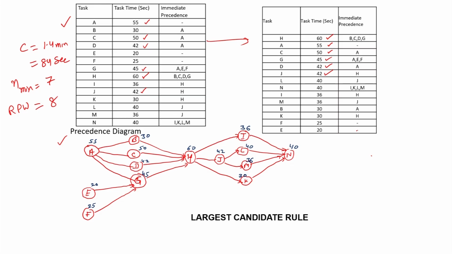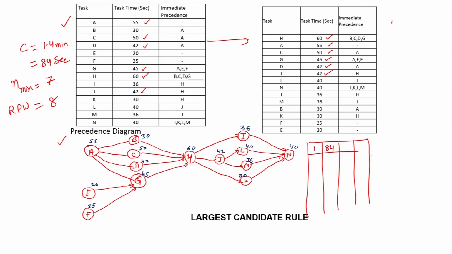Now we will again do the same kind of exercise. We will open workstation number 1 and see how much time is available. Workstation number 1 has 84 seconds available, and then we will see which tasks can be assigned. So, we will identify the elements which have no predecessor.